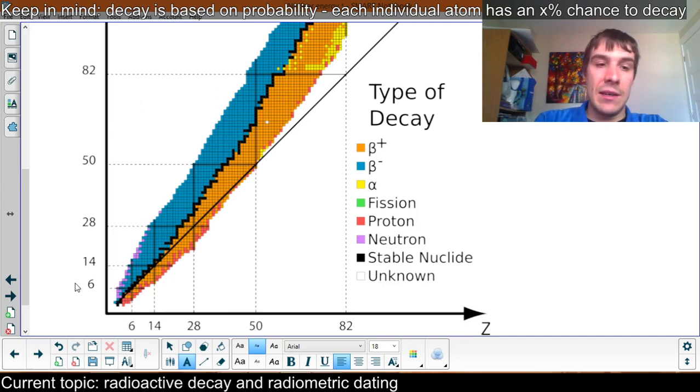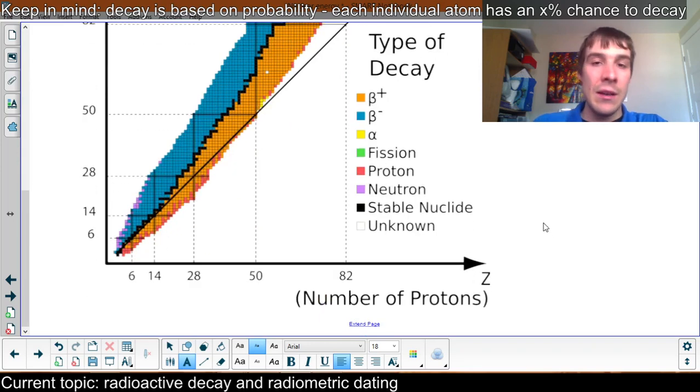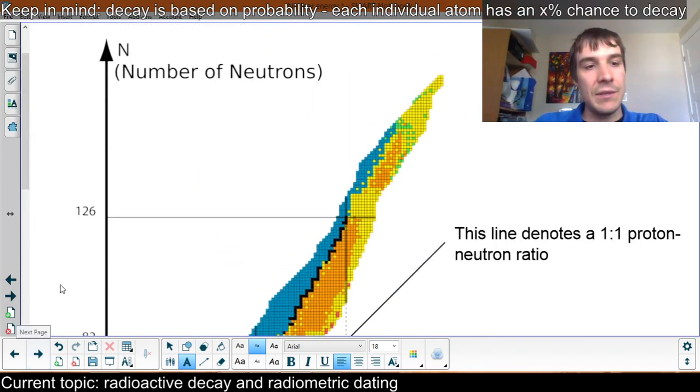So 6 protons or 6 neutrons seems to be quite stable, so carbon with 6 and 6 is very common. 14 is particularly stable as well, which is silicon. 28 appears to be quite stable, which is nickel. Nickel is a very stable nucleus. 50 and 82 as well. It's an interesting thing. There's a lot of cool physics and chemistry interaction when we talk about nuclear stuff.